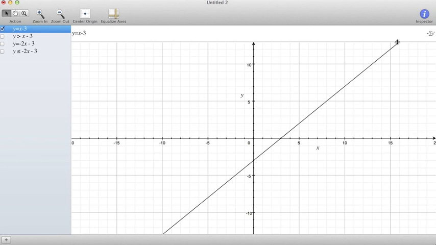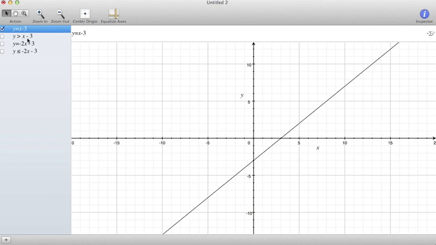Since the line is not on 0, 0, we can use it. If it was, we couldn't. We just pick any point on the graph, 0, 0 being the easiest. So we plug in 0, 0, x being 0 and y being 0. x minus 3 is negative 3, and y is going to be 0.